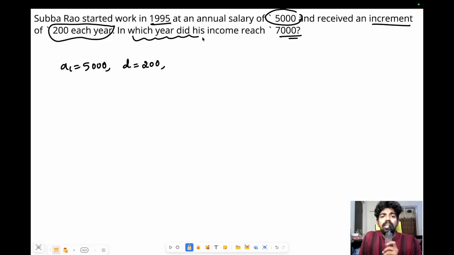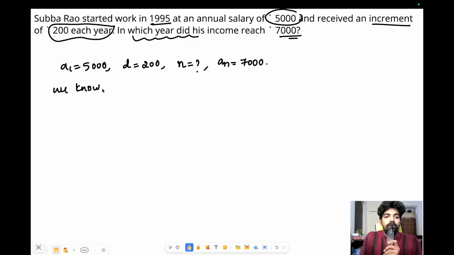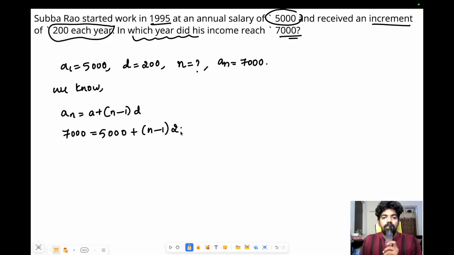In which year did his income reach 7,000? In which year means n is equal to question mark. We have to find that. Reaching 7,000 means an is equal to 7,000. Now based upon this information, we know an is equal to a plus n minus 1 into d. An is 7,000, a is 5,000 plus n minus 1, common difference is 200.